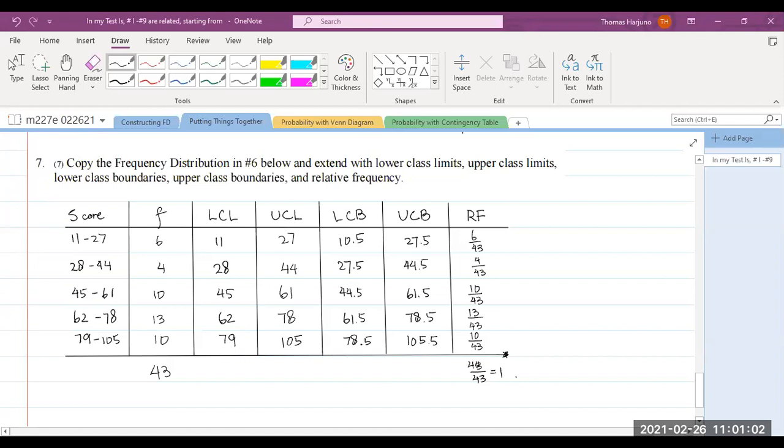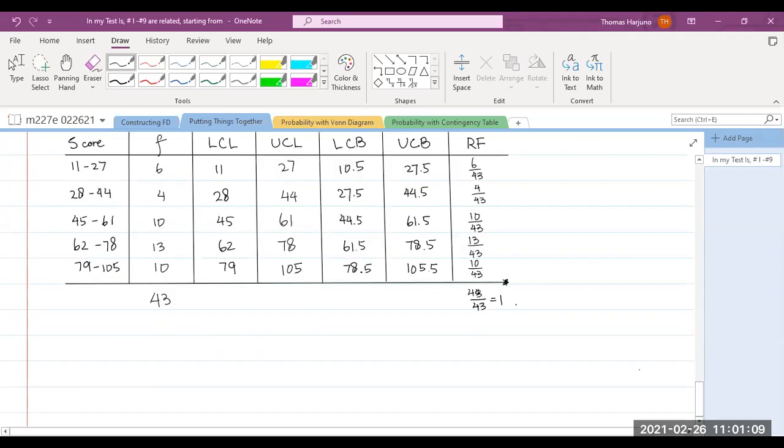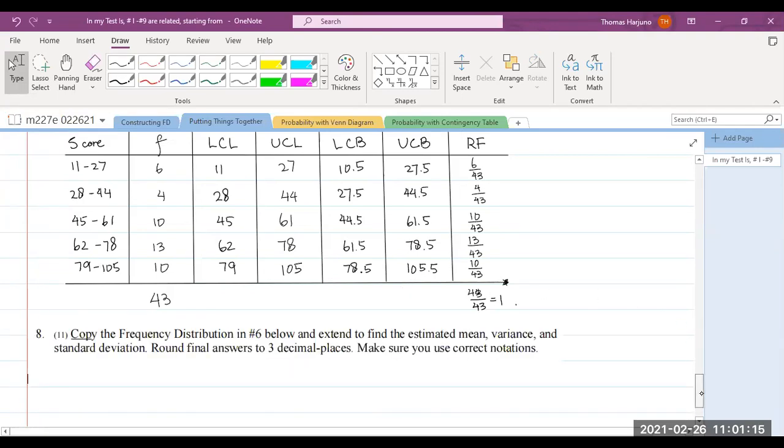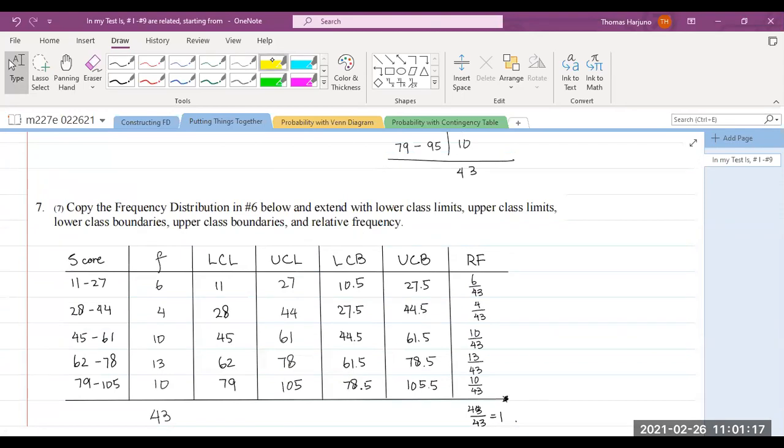How did I get 105? Oh, I'm going a second. I'll copy that down first. I'm in the middle of copying that. How did I get 105? This one here? Is that your question? Oh, it should be 95. Thank you.